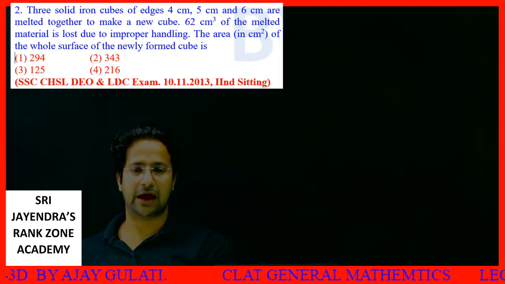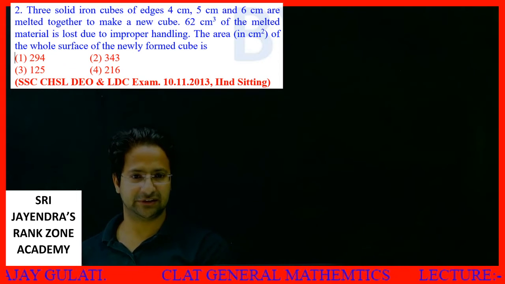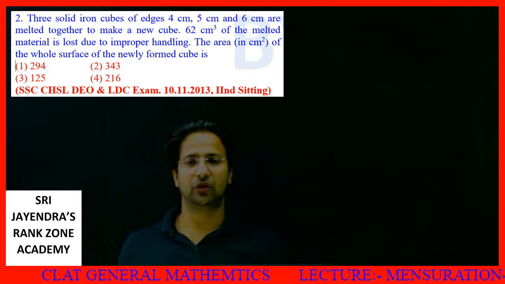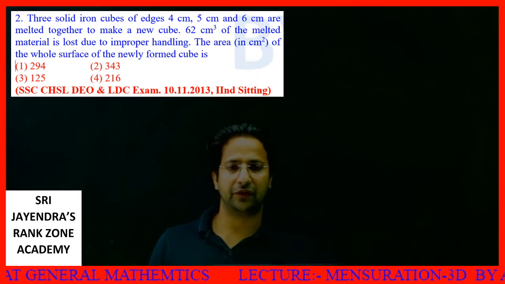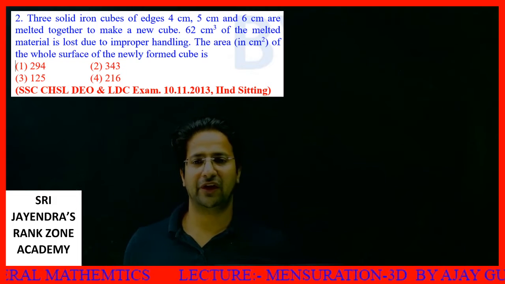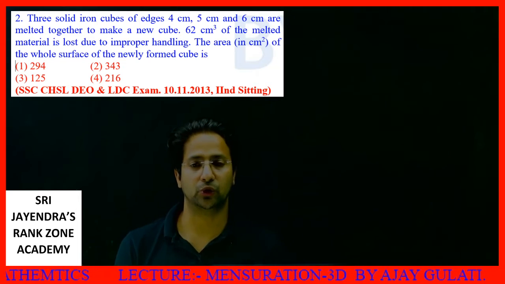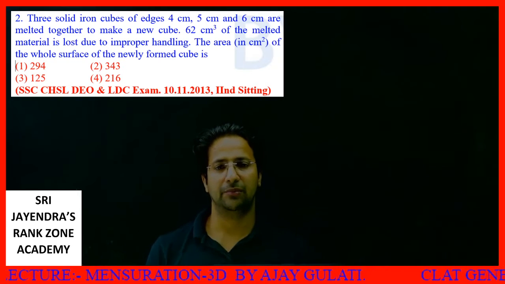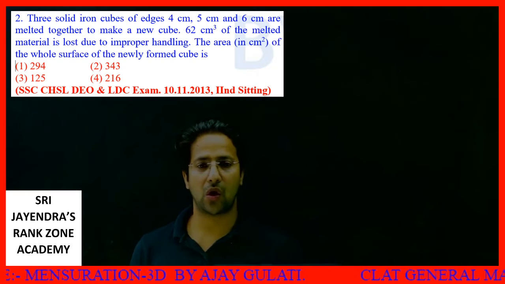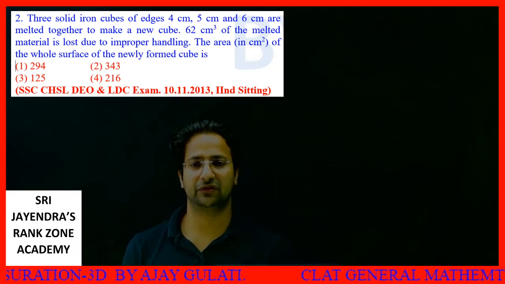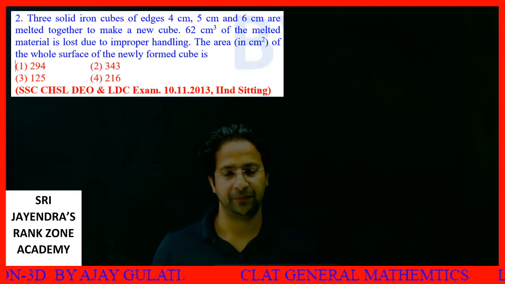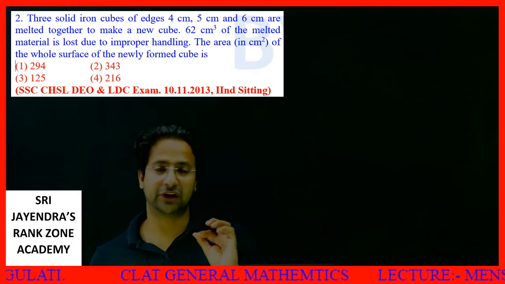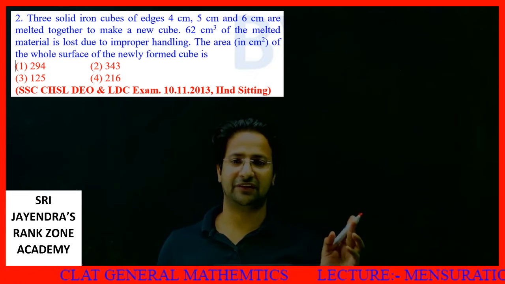Three solid iron cubes of edges 4, 5, 6 are melted together to make a new cube. 62 centimeter cube of the melted material is lost due to improper handling. The area of the whole surface of the newly formed cube is? See, first of all, what I have is 3 cubes, 4, 5 and 6 centimeter.